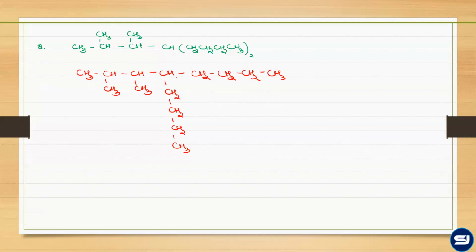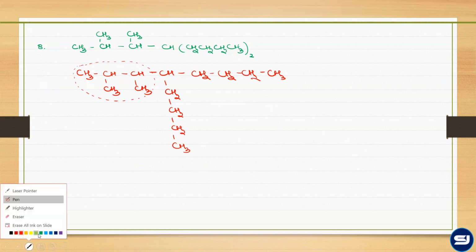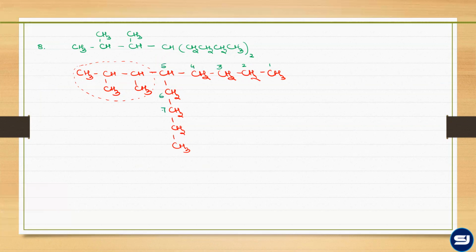So this will be considered as the longest chain. Now this entire group will be considered as a substituent, and since there is a symmetry in the structure, wherever you number this substituent from, you are getting the same locant position, so it doesn't matter from where we number.